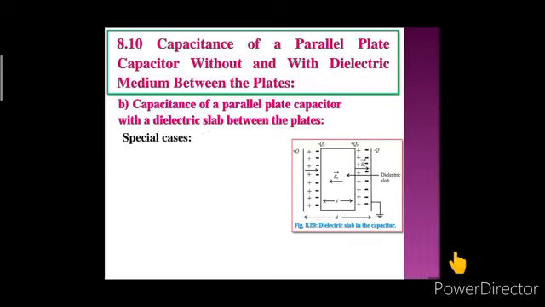Now let's see the special cases. First of all, we are considering if the dielectric fills up the entire space.